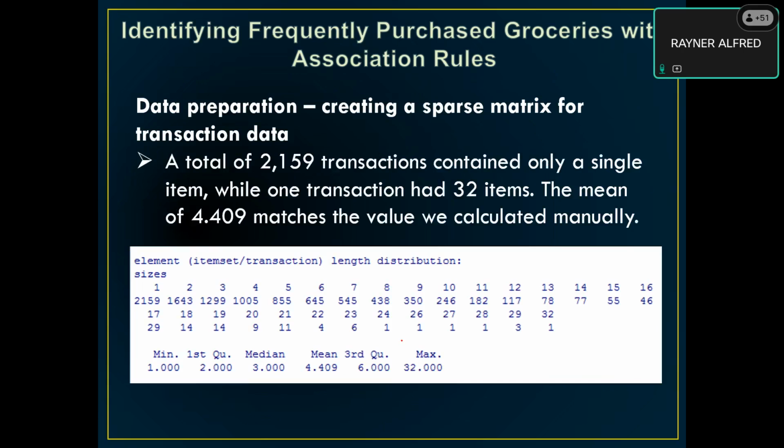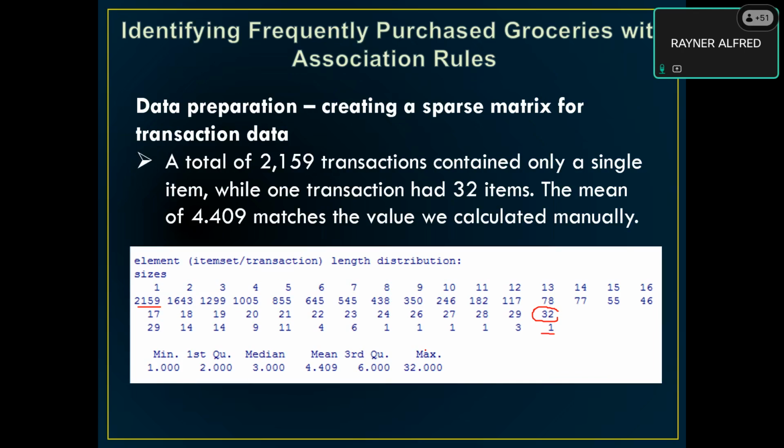We can use this summary also, for example, like this. For one item set, we have this number of transactions, and for 32 item sets, we only have one transaction.